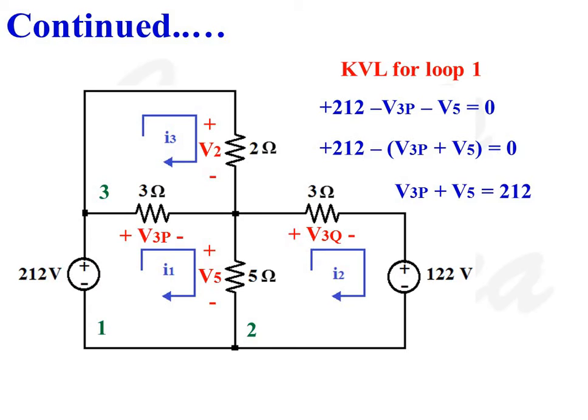So taking negative symbol outside, plus 212 minus (V3P plus V5) is equal to 0. Rearranging the terms, we can write V3P plus V5 is equal to 212.